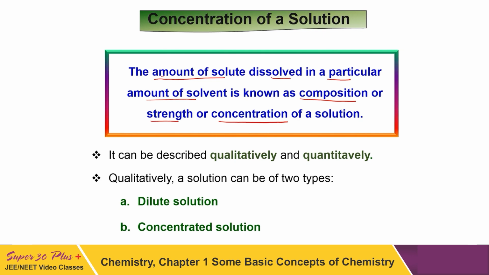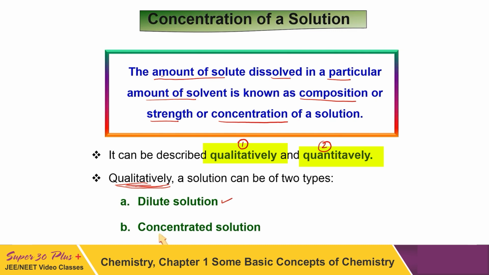Now concentration can be described, number one, in the qualitative manner, and number two, in the quantitative manner. In the qualitative manner, as far as the quality is concerned, solution can be of two types. One is the dilute solution, in which concentration is poor, low, diluted.